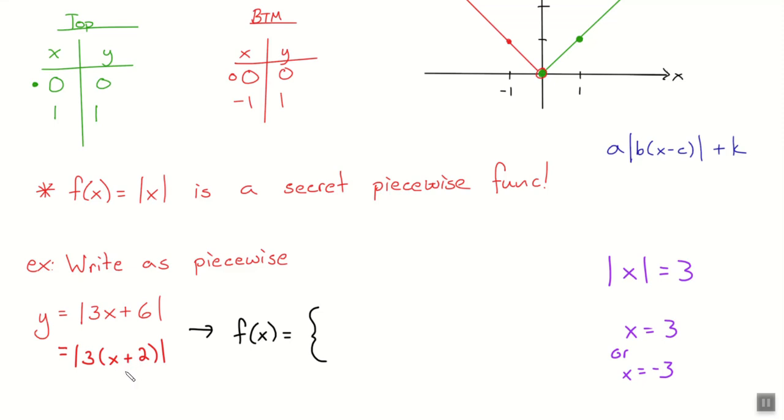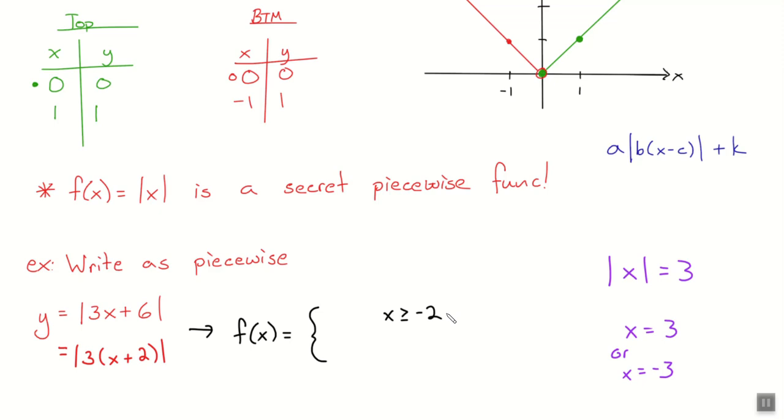I want you guys to think about that, see if you agree. If I pick x greater than or equal to negative 2, is everything always going to be positive? If you say no, give me a counterexample.